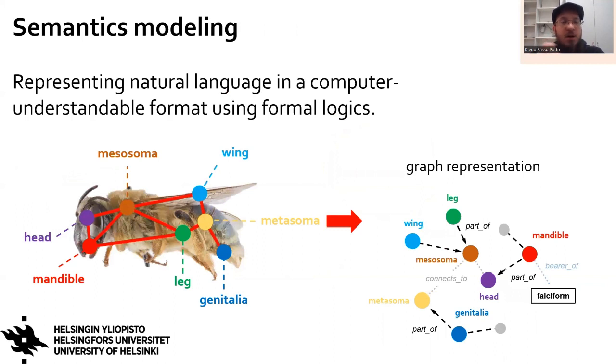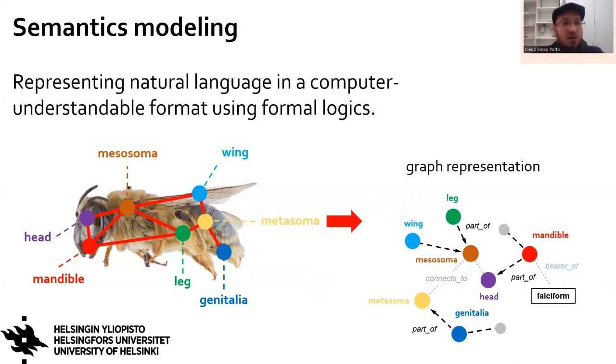So, okay, but how can an ontology actually help us represent anatomical data in a way computers can understand? This process of translating free text descriptions to computer-interpretable descriptions is what we call semantic modeling. For example, in the case of bee anatomy, we can think about bee anatomy as a graph of concepts.